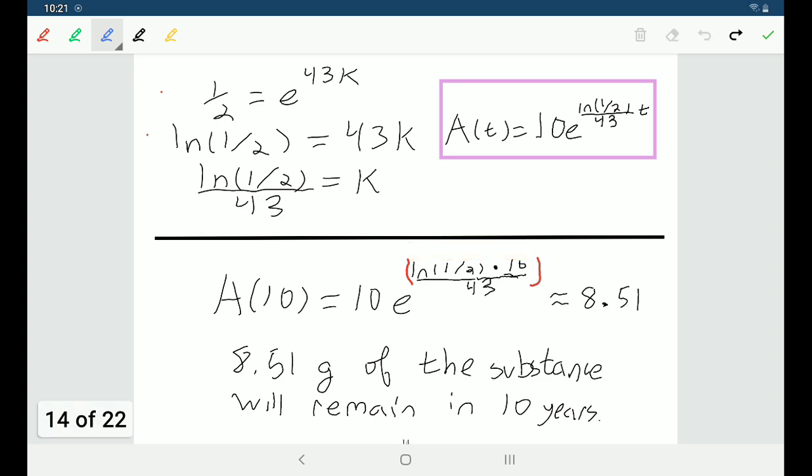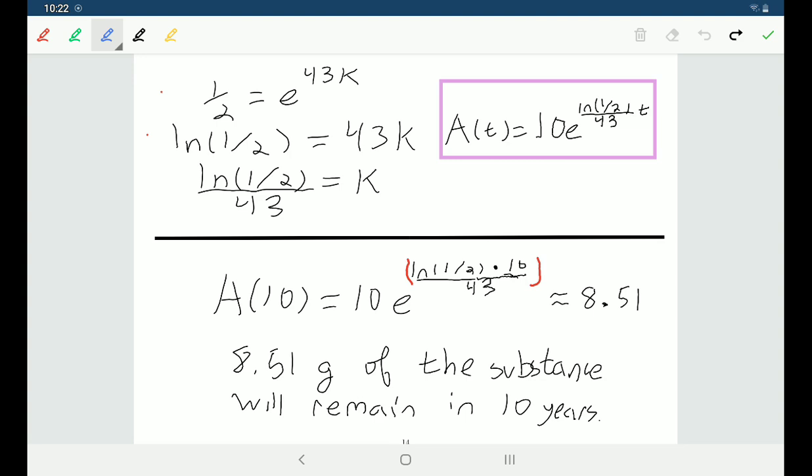So when I enter it in my calculator, 10 times e to the power of left bracket, natural log, left bracket, 1/2, right bracket, times 10, divide by 43, right bracket, equals. And then you'll get 8.51 or thereabouts.